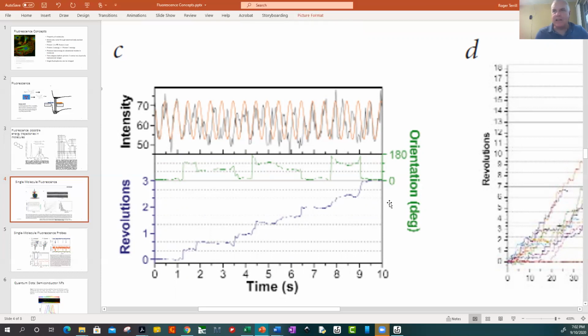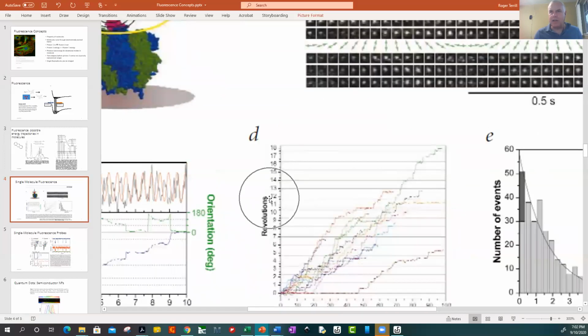I don't exactly understand how they got it. But basically, the thing must be rotating, right? And it could be 3 total rotations in 10 seconds, okay, cool. And then the orientation, who knows? It's kind of going up and down and up and down, but it seems like it's going smoothly. It doesn't seem to be going in little steps to me. So I don't understand all of this stuff.